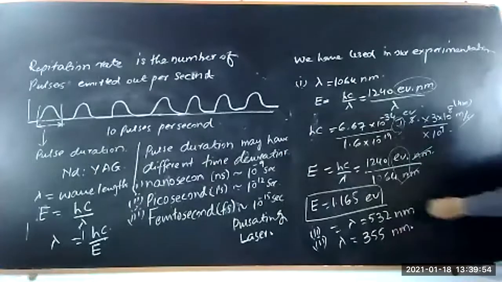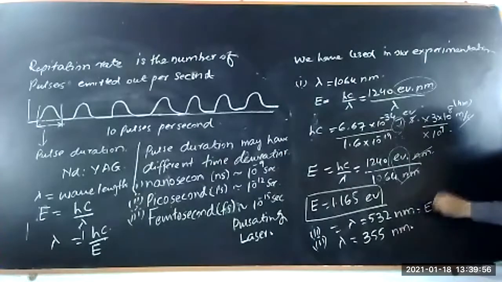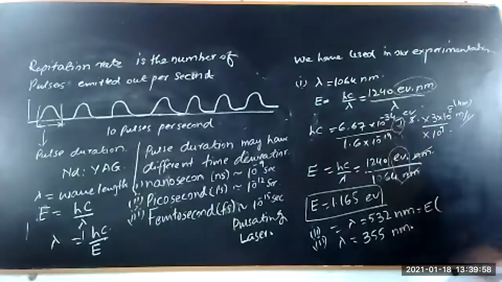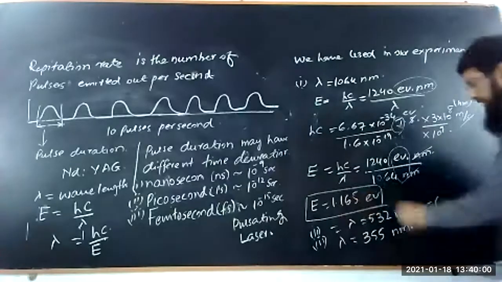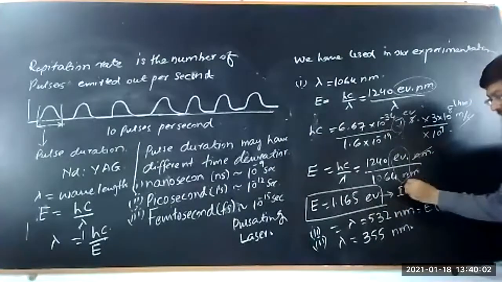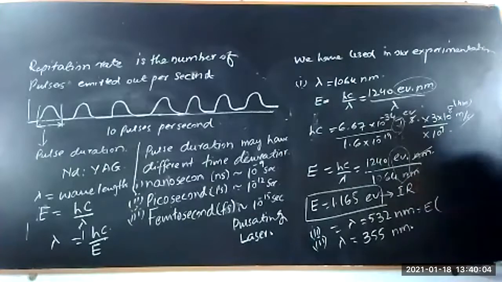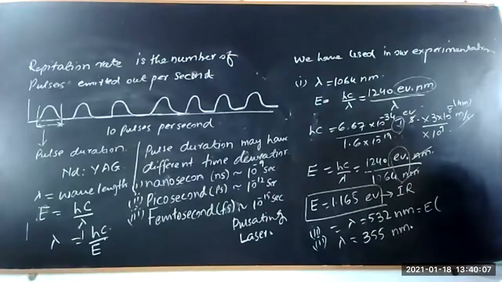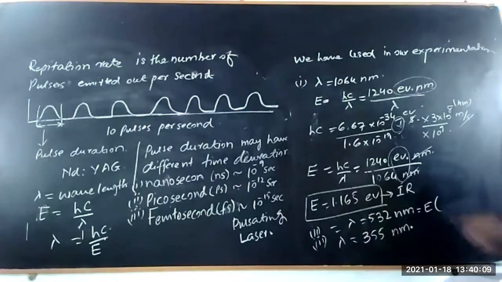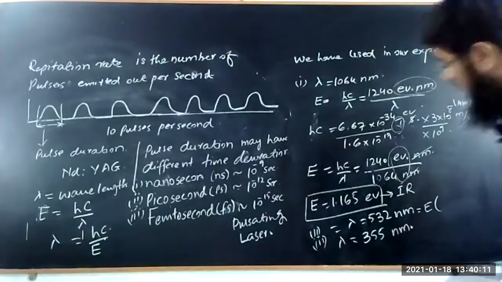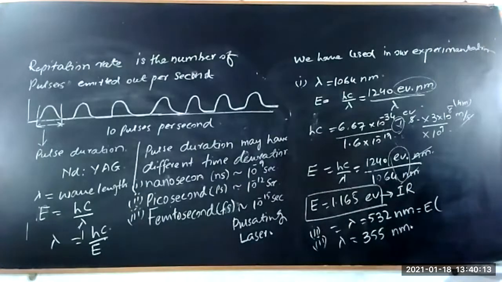So this energy belongs to what is called the IR, the infrared laser range. And this lambda 532 is in the range of visible.